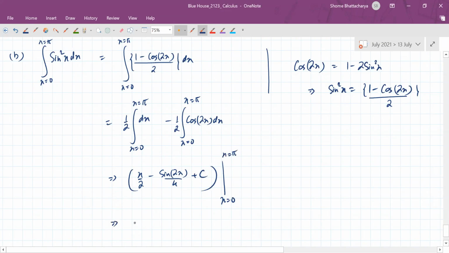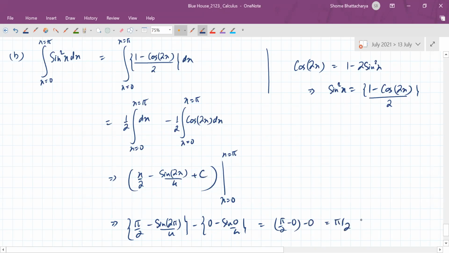So the upper limit you can see will become pi by 2 minus sine 2 pi by 4. C will anyway cancel out, and the lower limit will be 0 minus sine 0 by 4. So that will just give me pi by 2. So that's how the answer is coming out to be pi by 2.